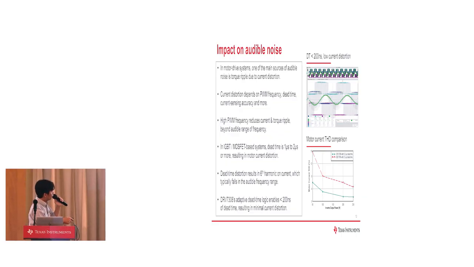For all these features, GaN has better performance compared to MOSFET and IGBT. So we can switch the IPM at a higher frequency to reduce the current and torque ripple, which moves the noise out of the audible frequency range.